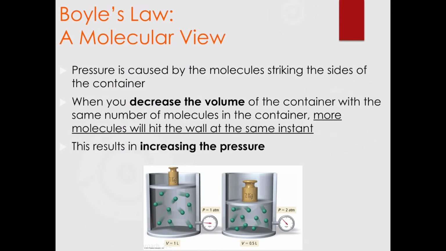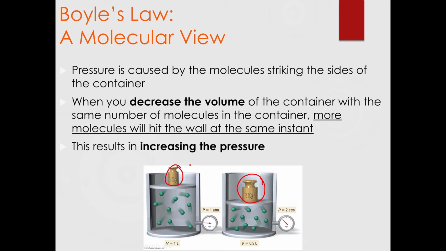So remember, pressure is caused by the molecules striking the sides of the container. If you decrease the volume, if you make it smaller, so here in this picture, we have a 1 kilogram weight, and instead in the next one, we put a 2 kilogram weight. So we made our container smaller. Remember, we're not changing the temperature, we're not changing the number of particles, we're just changing the volume.